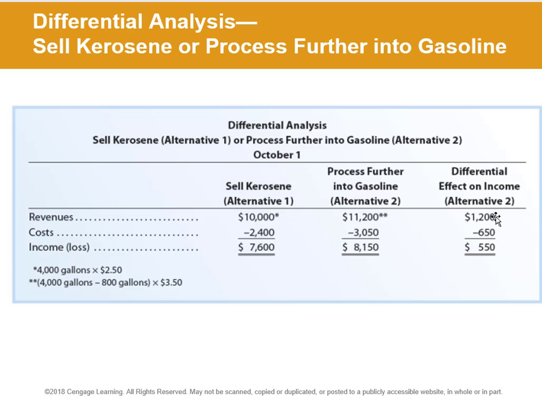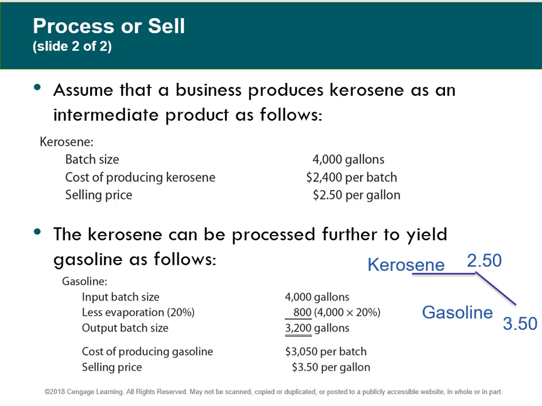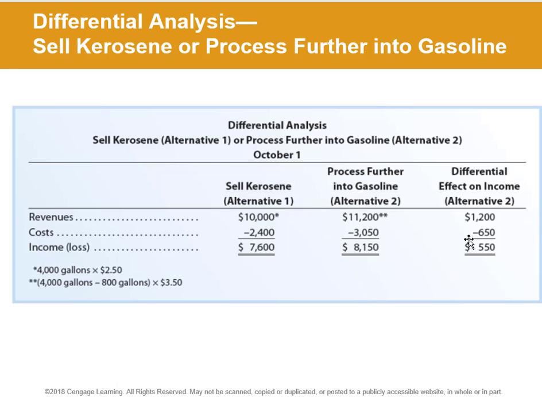What was our gallons? It's 3,200 gallons times $3.50, minus 4,000 times $2.50. So there's our incremental revenue, $1,200.